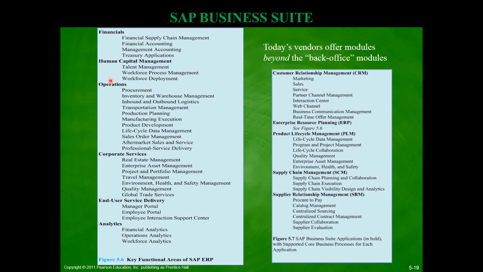They go beyond this back office function, and they offer some customer or supplier facing applications. For example, CRM add-ons, supply chain management add-ons, or supplier relationship management add-ons. But once again, typically, a company like SAP would provide all the modules you will possibly need to automate most, if not all, of your enterprise.